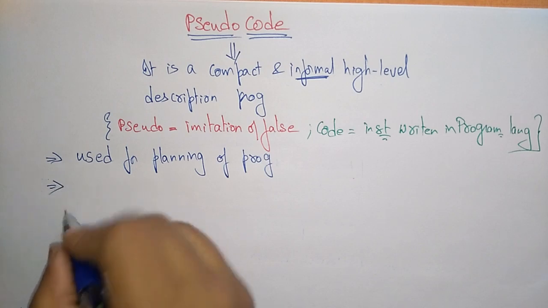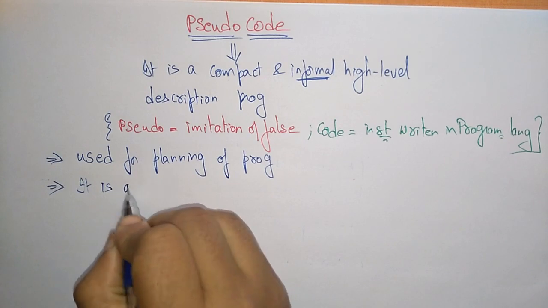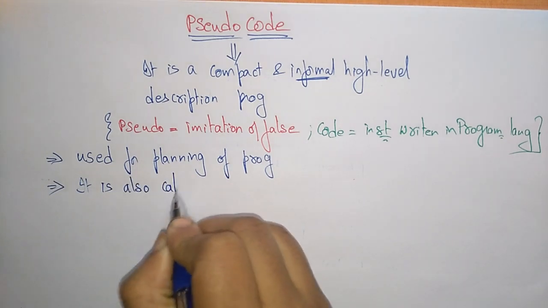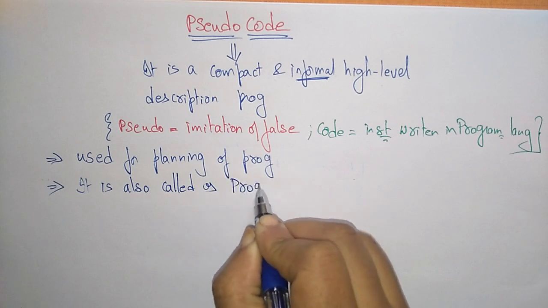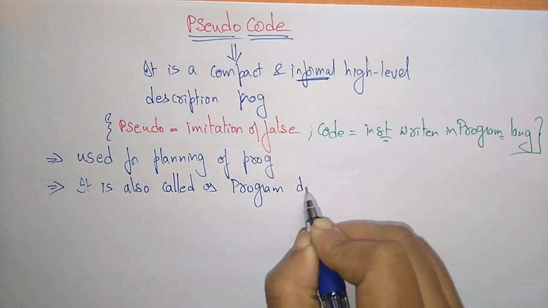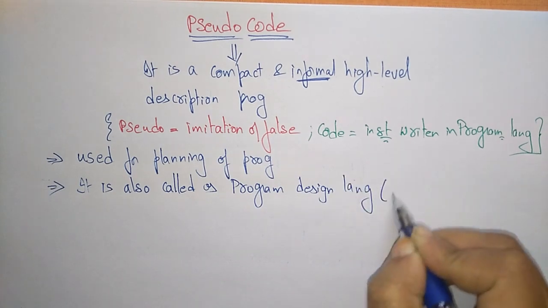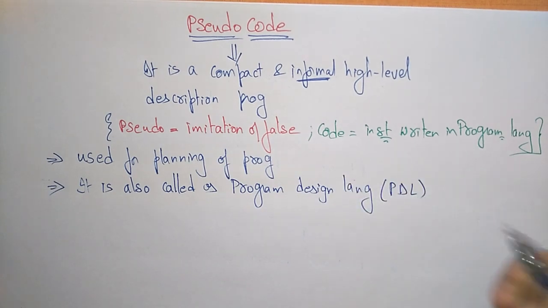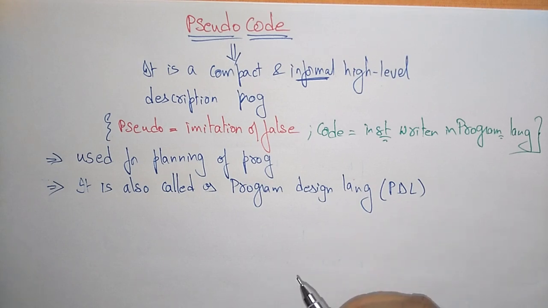Next, this pseudocode is also called a program design language, PDL. So the pseudocode is also called program design language.